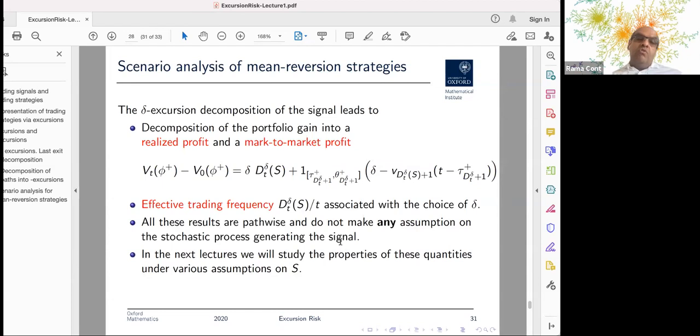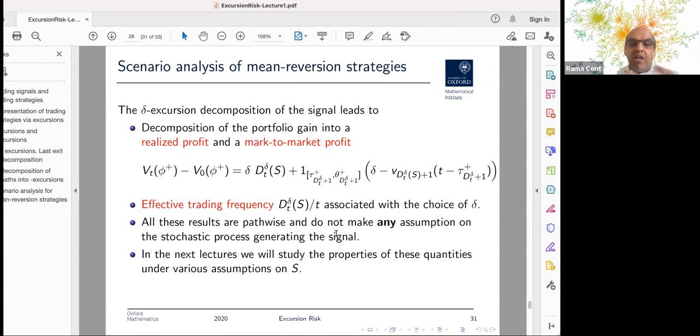I will show you that without any probabilistic assumption on the signal, we can derive many results which are pathwise. It's just the property of the path, and they apply to a single path. We can even do a high frequency analysis of these strategies without knowing what the underlying stochastic process is.